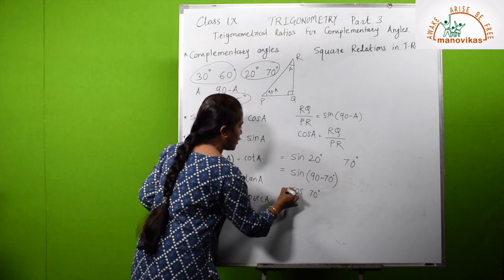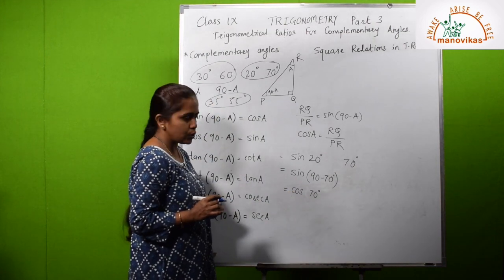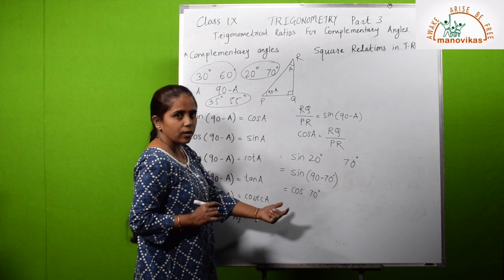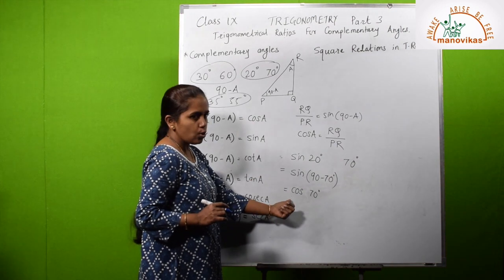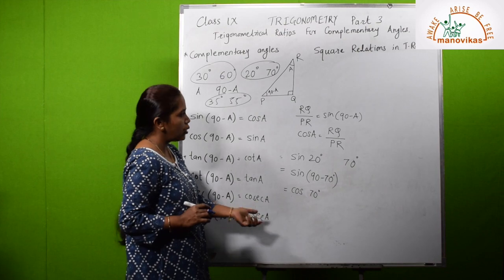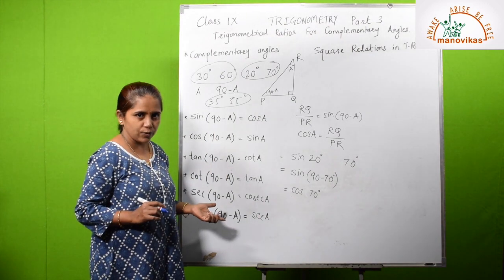So sine 20 is equal to cos 70. Understood? Because 20 and 70 are complementary angles, here we have just changed the ratio. Sine changes to cos for the complementary angles. Understood? These are the trigonometrical ratios for complementary angles.